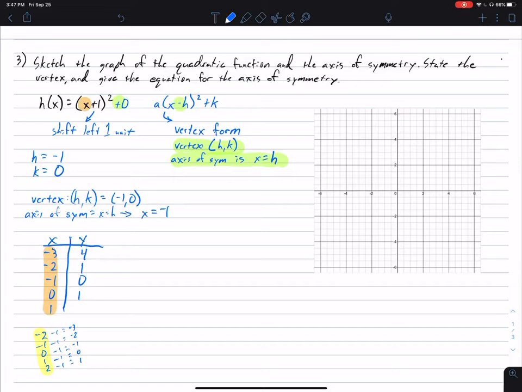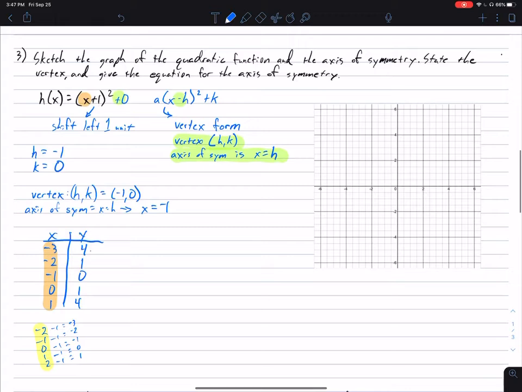And then 1 plus 1 is 2, 2 squared is 4. What should happen if you've done this correctly? If I've picked the right x values, the first one and the last one should match up, and the second and the fourth. That's if you're following the standard numbers that we usually use and you've made the correct adjustments.